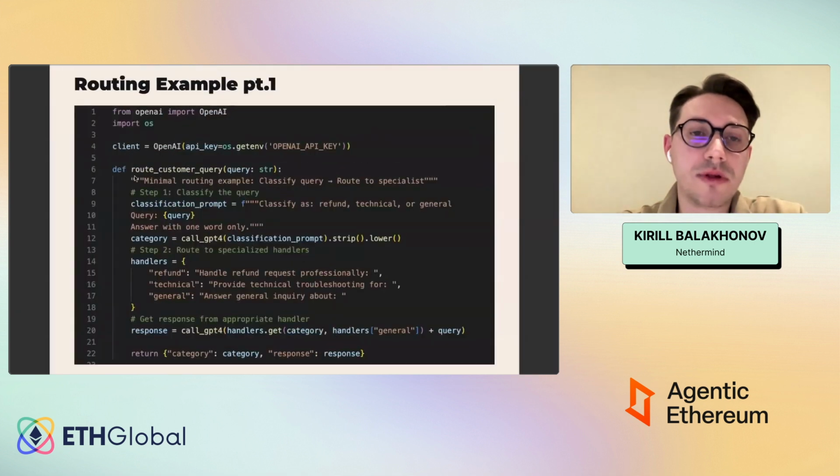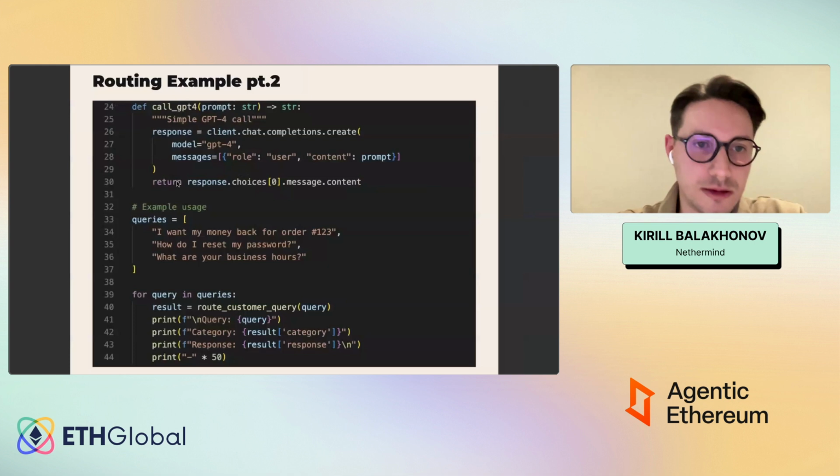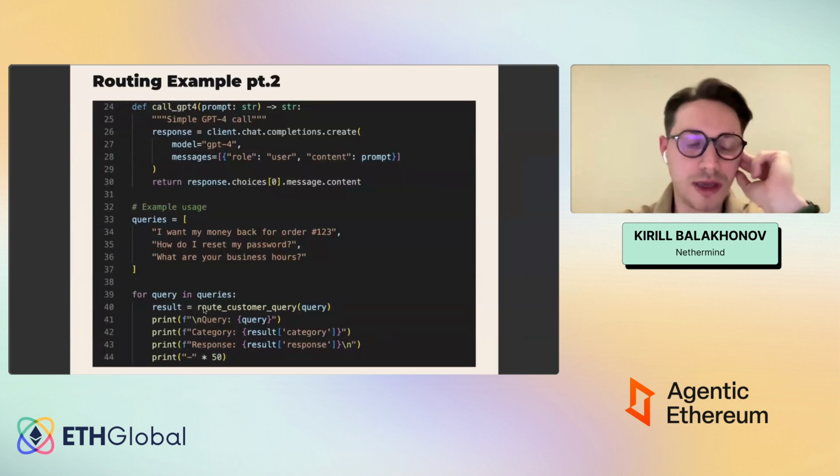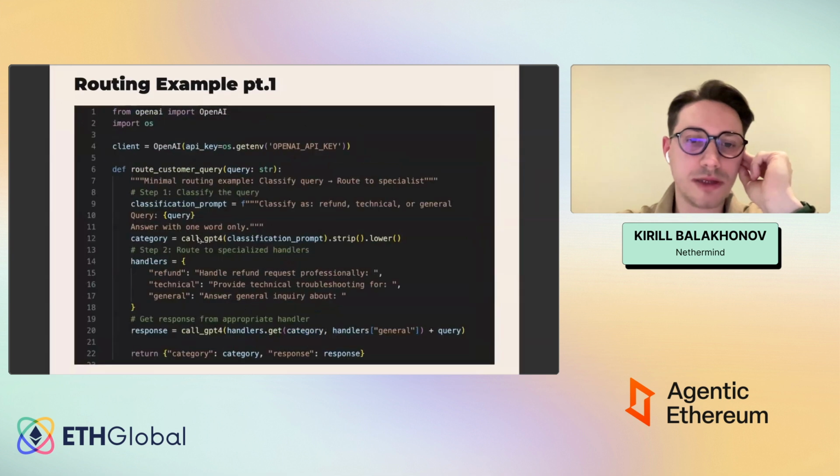We have a function to route a customer query. Let's look at how this looks when we call it. For each query, we write a customer query and put it as an input. And then, as a result, let's get back to the function and see.